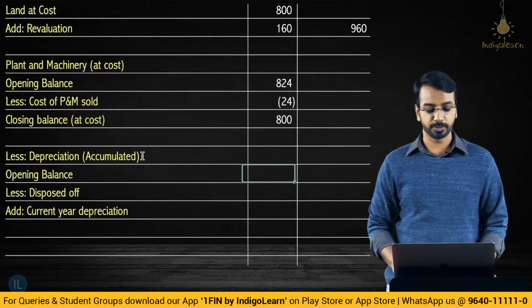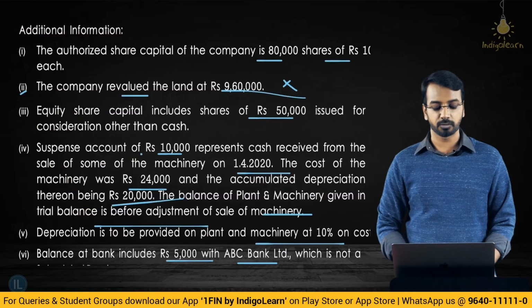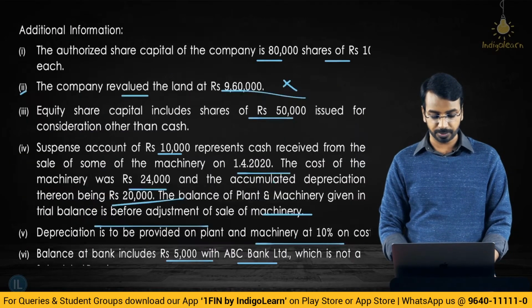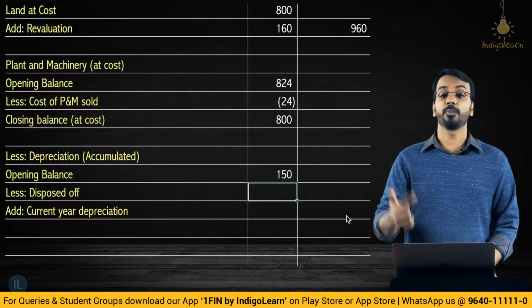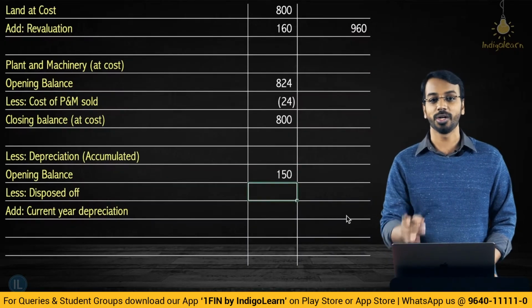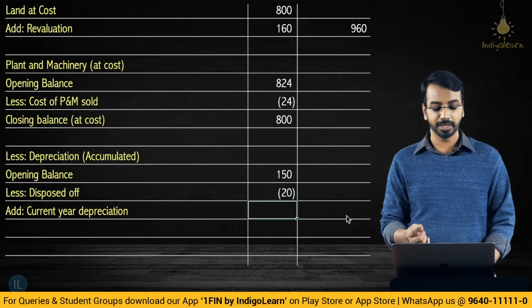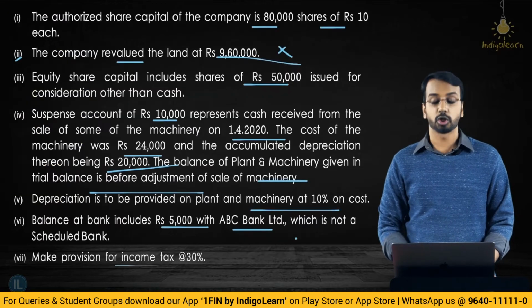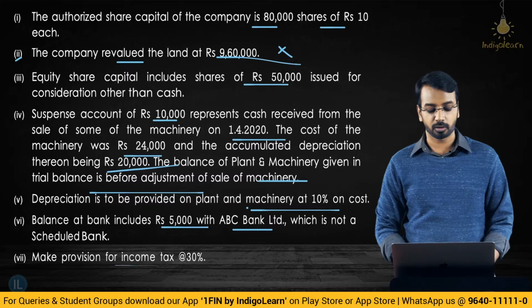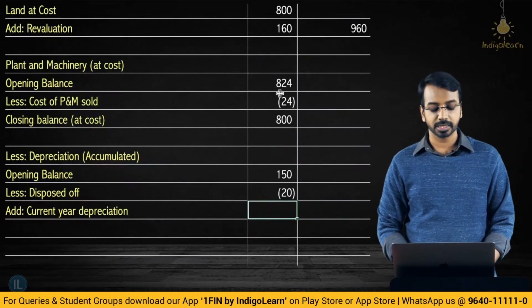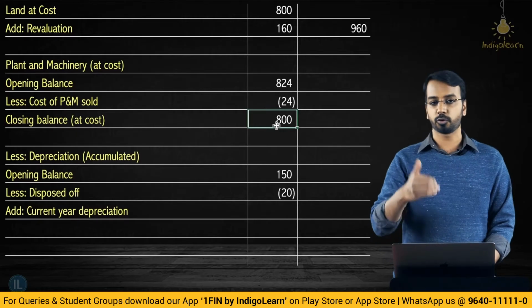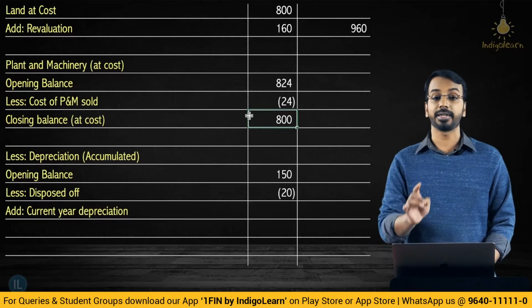Okay. Now, please be careful. Opening balance of depreciation, what does the question say? Opening balance of depreciation is given to be 150. So, 150 is the opening balance. From this, depreciation pertaining to assets sold is 20. So, minus 20. Then, how much is the current year depreciation? The question says depreciation is to be provided on P&M at 10% on cost. So, on this 800, because out of 824, 24 is sold, on this 800 you have to provide 10%.